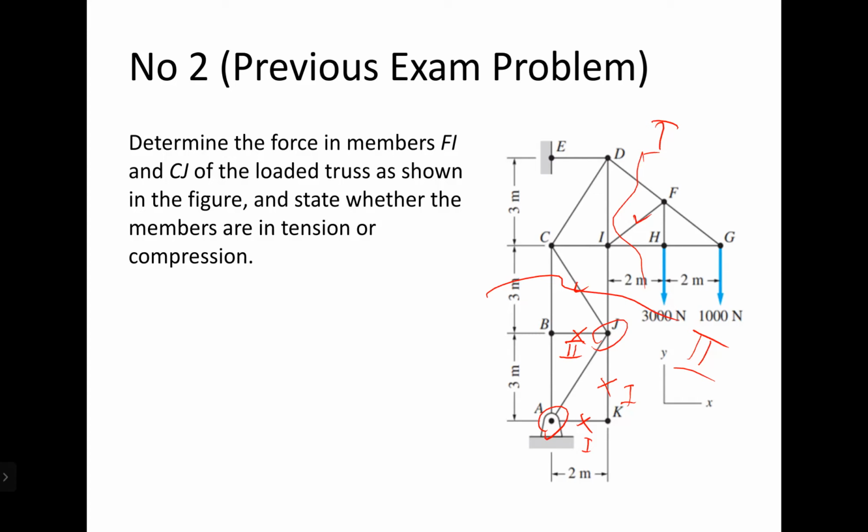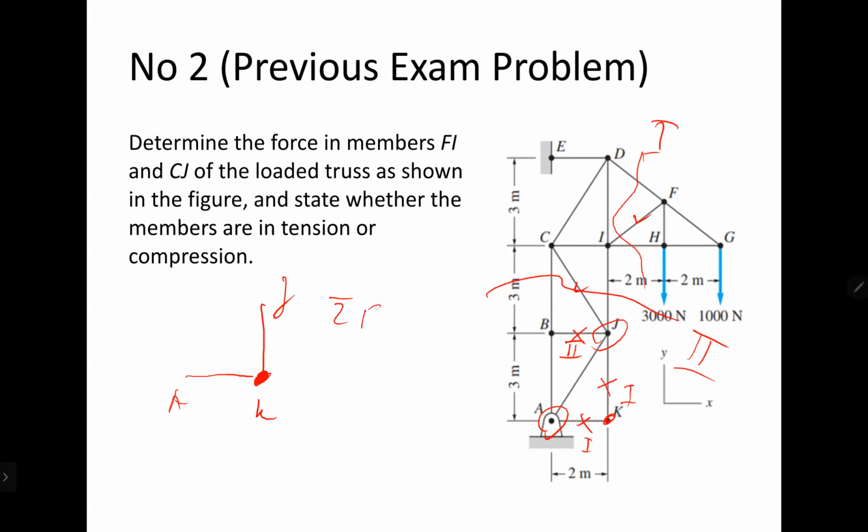AK and JK are zero force members because if you take a look at joint K, it will be like this. This one is AK, this one is JK. At joint K, there are only two members going through that particular joint.